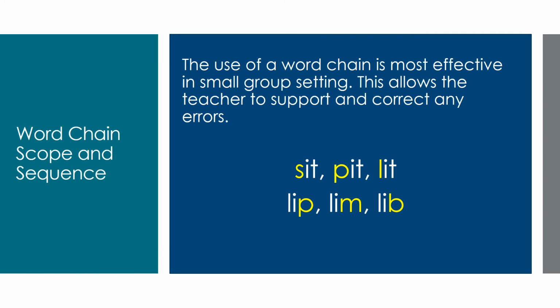And finally, it becomes more challenging when we ask the student to change the medial sound. Pim, pam, pom. You'll want to focus your word chaining work to align with the skills that you're teaching, and also be aware of the scope and sequence that moves from the easiest to most difficult contrasts.